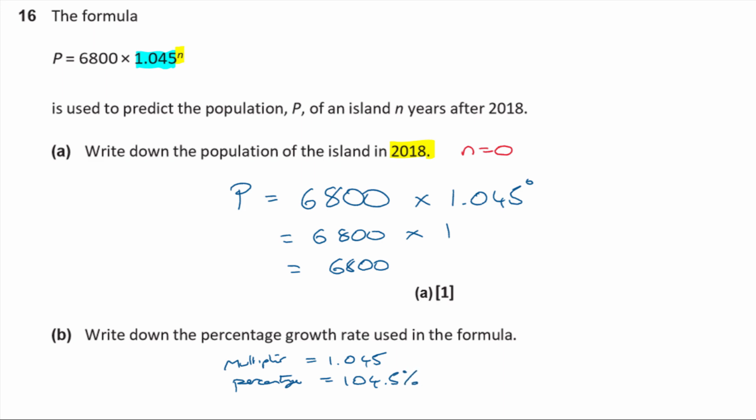So the percentage growth rate, subtracting 100%, is 4.5%. Because remember, everything starts at 100%. So if you want to work out a 4.5% increase, you have to add 4.5% onto 100%, and so on. So the growth rate is 4.5%.